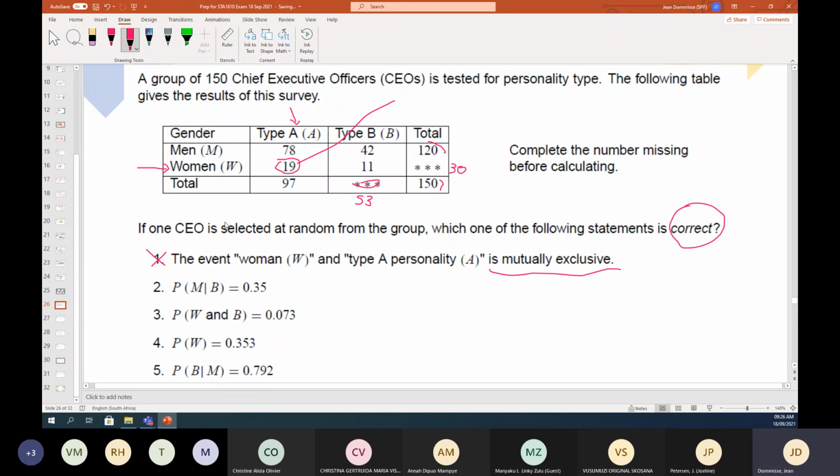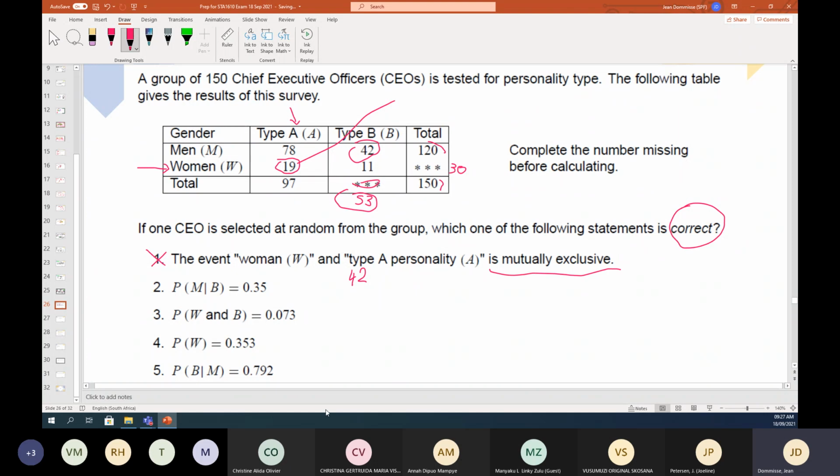Okay, let's look at the next one, the probability of M given B. So it's the probability of M and B divided by the probability of B. Let me just check.